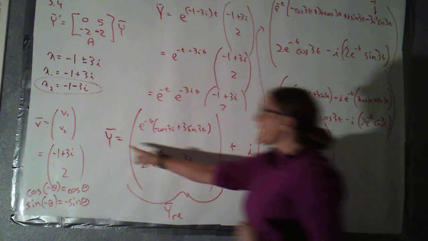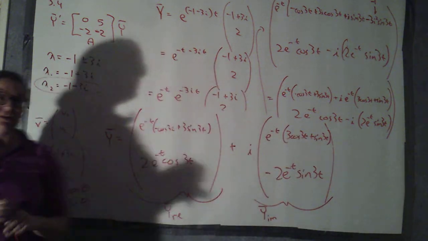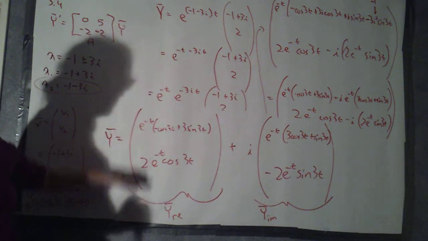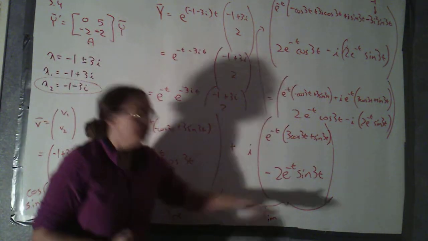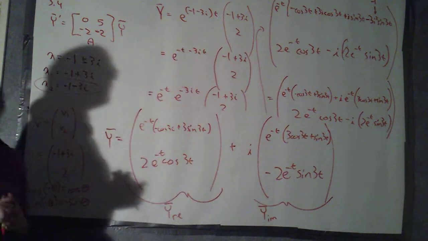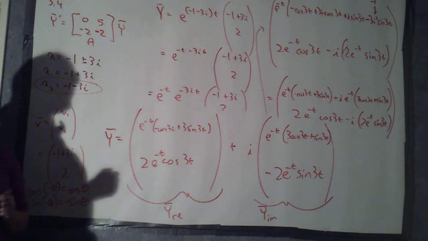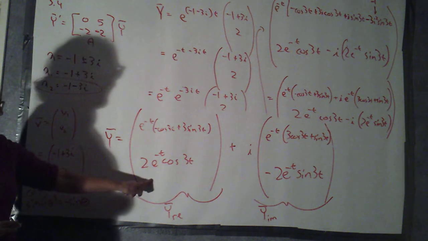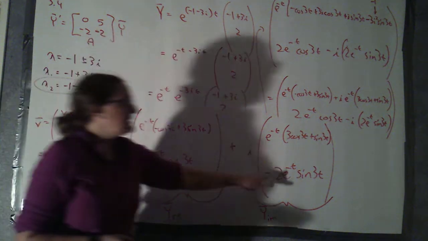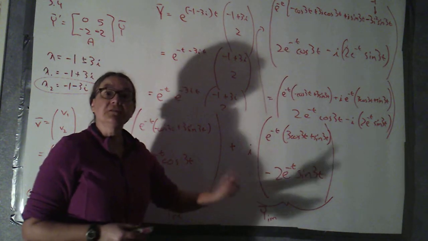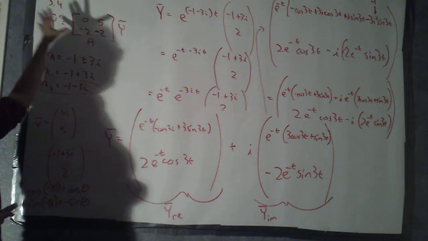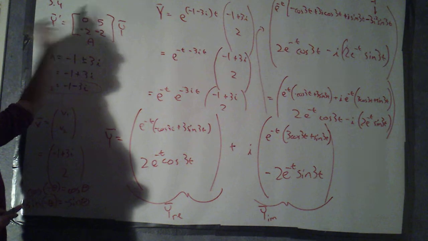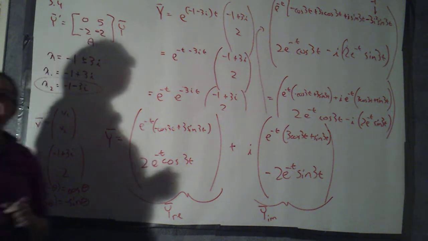So for one complex solution, notice there are two real vectors that I can associate with that one solution. And wouldn't it be nice if this and this were solutions to the original differential equation? That is actually the case.